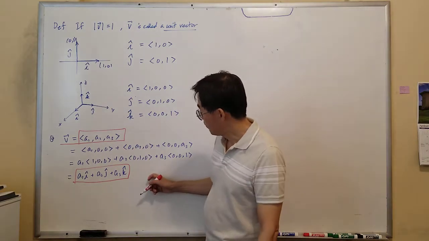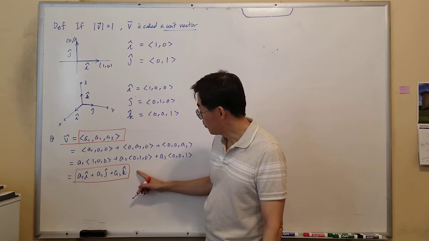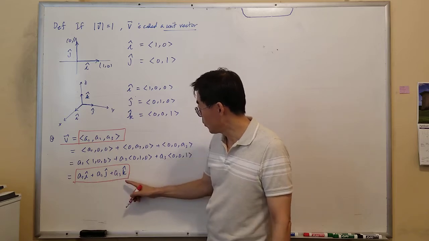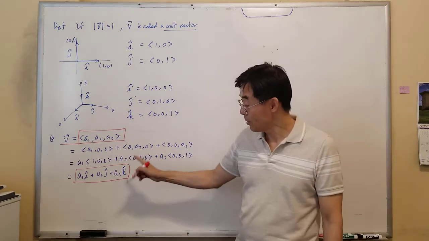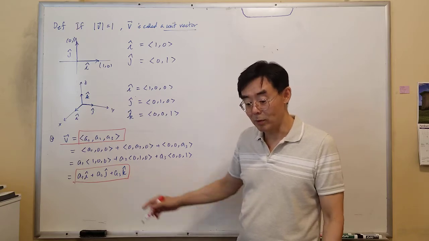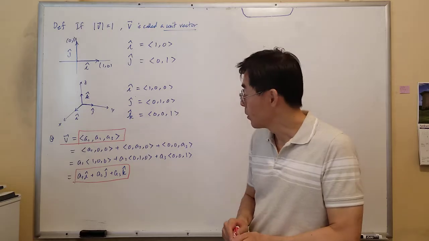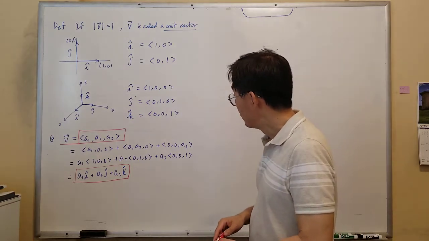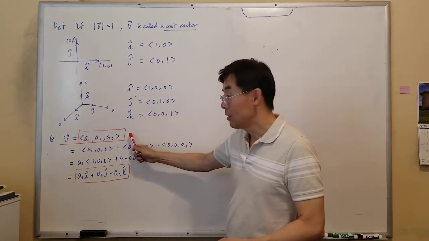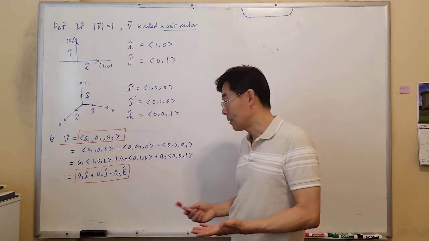In fact, a lot of engineering textbooks tend to use this way. There are some advantages of using this one, especially when you try to derive a formula for the vector product. But personally, I believe the bracket form is more compact.